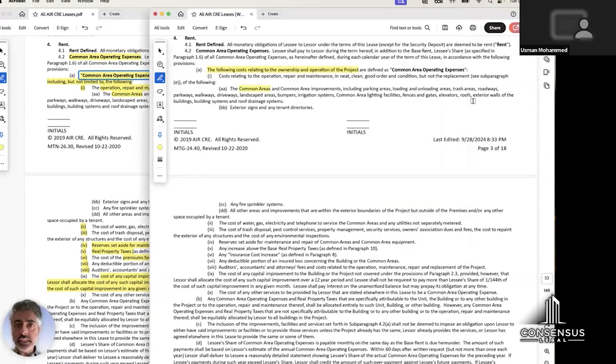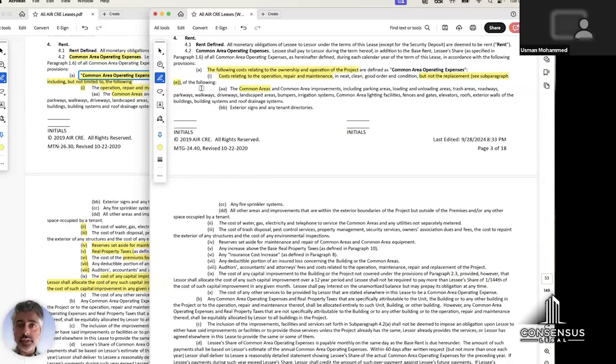Flipping back to the gross lease, it's costs relating to the operation, repair, and maintenance of the common areas. But look here, it says, but not the replacement of the common areas. So this is a subtle but very important point.